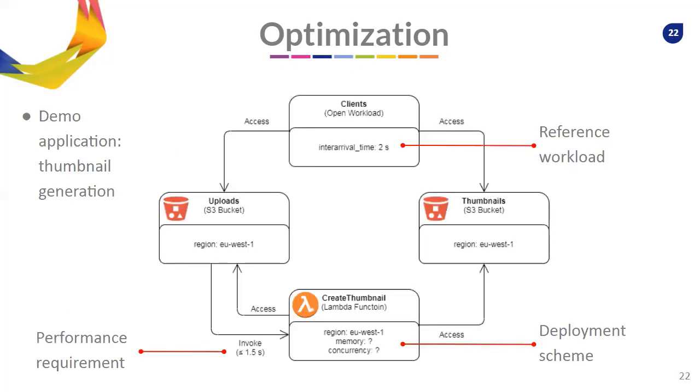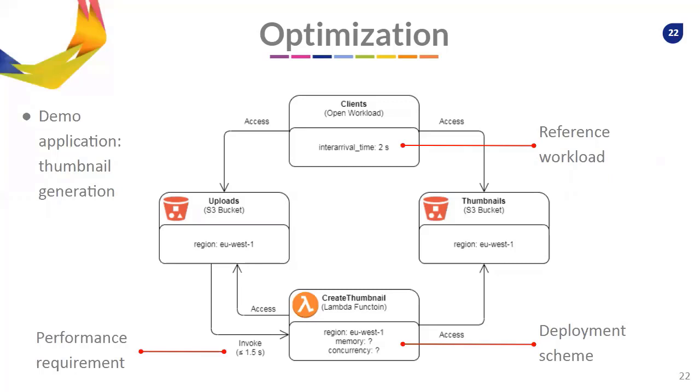Let's take a typical FaaS-based application, thumbnail generation, as an example. This application consists of two S3 buckets named upload and thumbnails, and one Lambda function named create thumbnail.